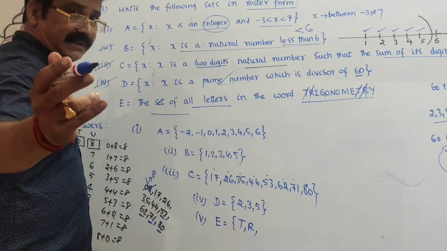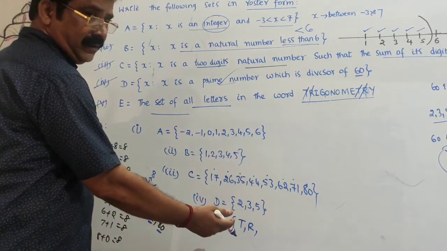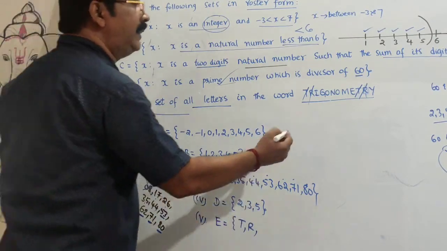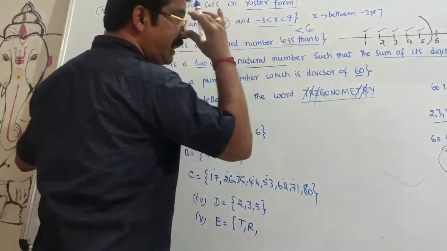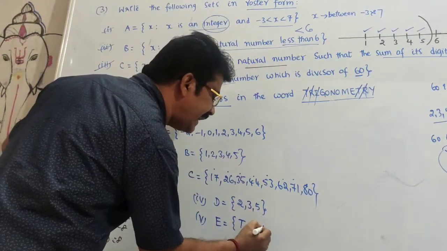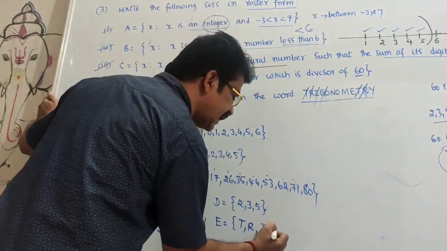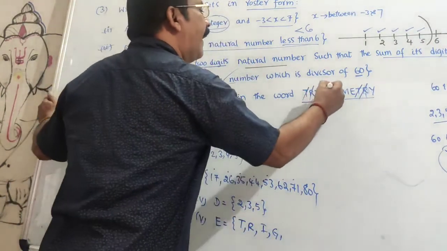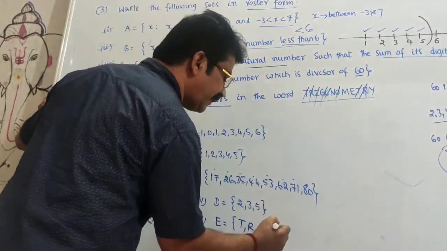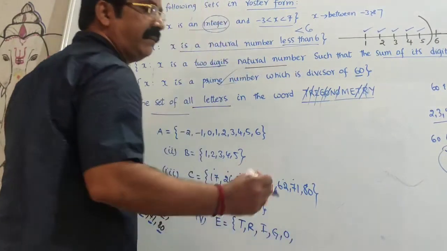And the order is not necessary. First you can write R. Next you can write T. Just like that. Next I. How many I's are there? Only 1. So therefore I. Next G. How many O's are there? 2. Instead of 2, it is enough to write a single time.